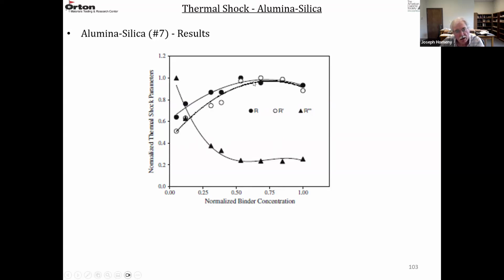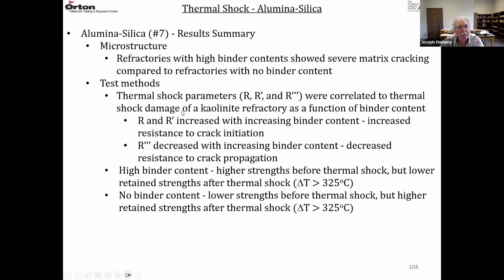R prime increases somewhat with increasing binder concentration, but R3 prime drops off drastically. So the material without any binder has the best R3 prime. Refractories with higher binder contents showed severe matrix cracking. These were the denser materials, the lower porosity materials, compared to the refractory with no binder content.